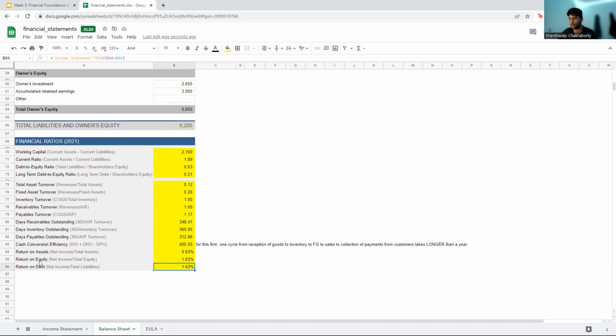The ROD is higher than the ROE or the ROA, meaning we're getting more bang for our buck in terms of how much we're spending in debt than we are in terms of how much we are spending on assets or equity. And that's mainly because this company doesn't have as much debt as it does have assets or equity. So it makes perfect sense that this ROD number is higher than these numbers and that the ROE number is higher than assets, because the total assets are higher than total equity.